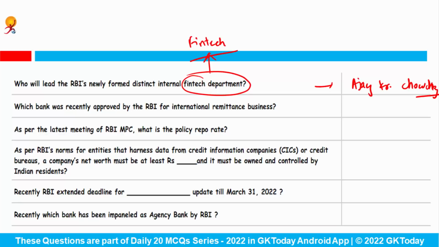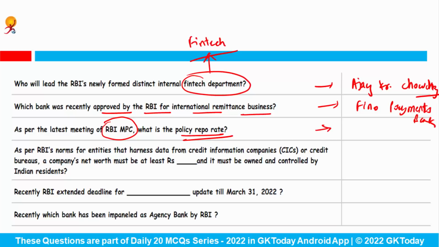Next is, which bank was recently approved by the RBI for international remittance business? This is Fino Payments Bank. Next is, as per the latest meeting of RBI Monetary Policy Committee, what is the policy repo rate? So repo rate that has been fixed for so much time, it is still fixed at just 4%.